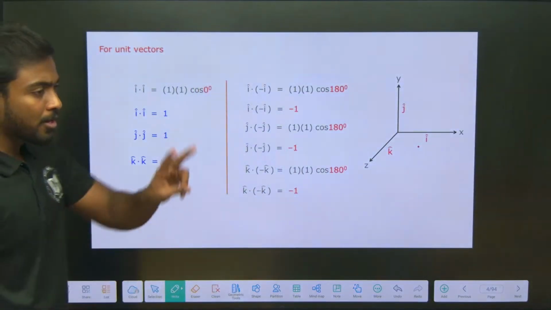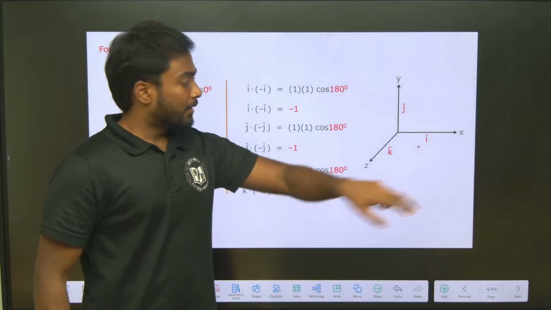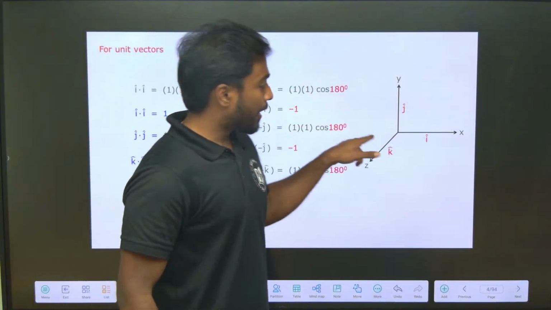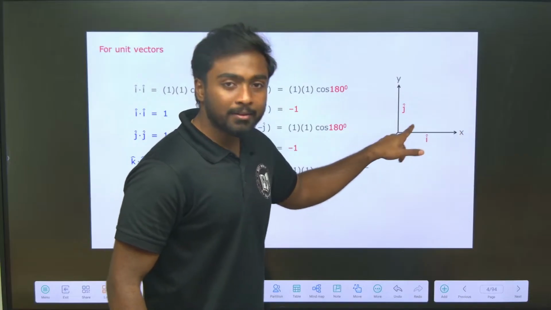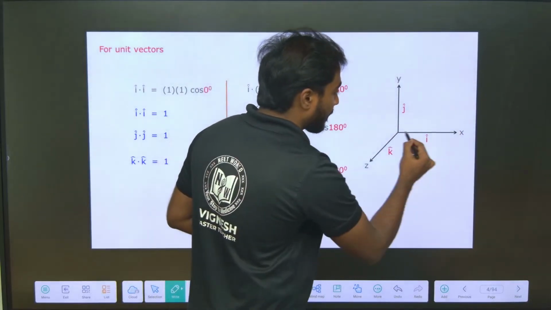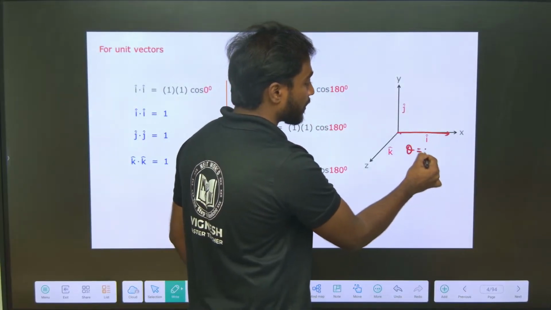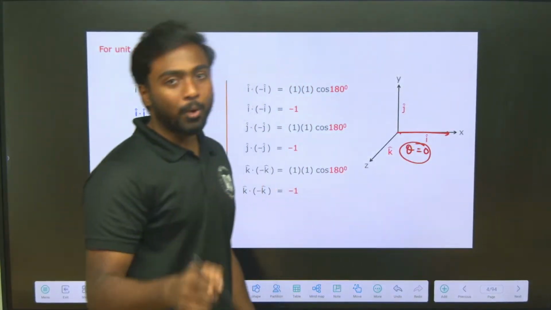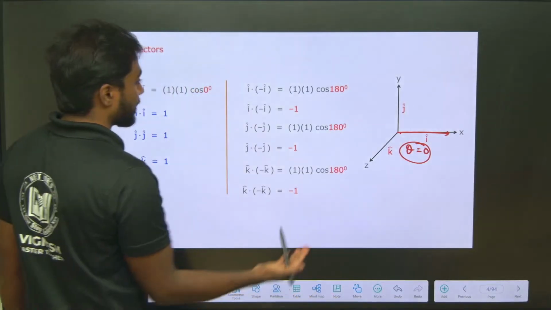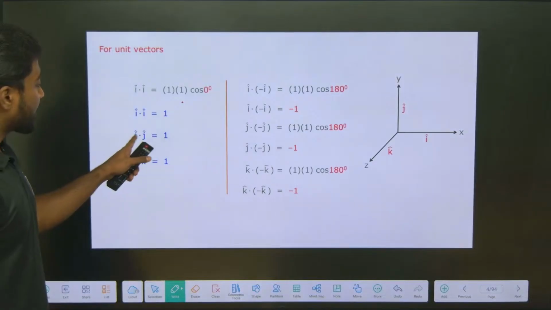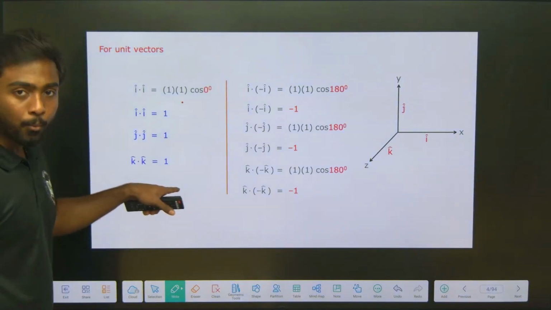When I take two equal vectors, i cap and again i cap, the angle between them is 0. Cos 0 is 1. So I can say that i dot i gives 1, j dot j is 1, k dot k is 1.